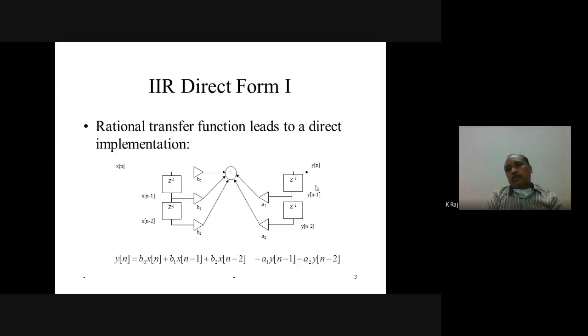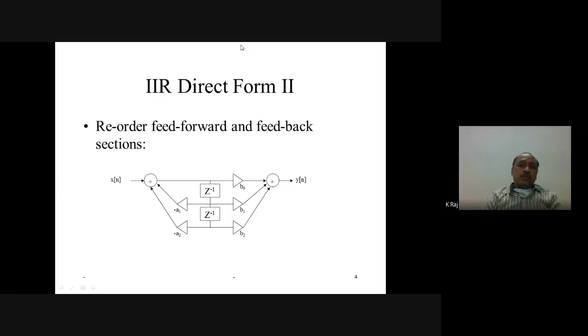With the help of the transfer function, we can realize the architecture of the IIR filter. In this particular case, we considered the second order filter, and for the second order we considered two architectures: one is direct form 1, and the second is direct form 2.